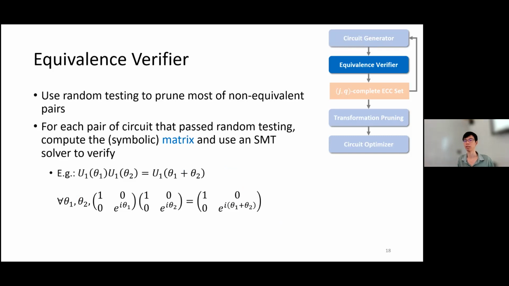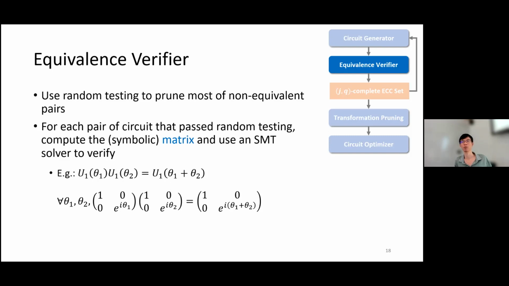And then we use random testing to prune most of the non-equivalent pairs. For each pair of circuits that pass random testing, in our verifier, we compute the symbolic matrix and use an SMT solver to verify it.